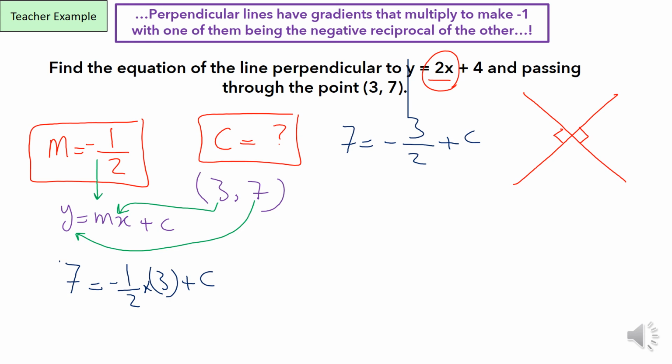Now we want to get rid of minus 3 over 2, so we have to do the opposite, which is add. So you add 3 over 2 on this side, and you add 3 over 2 on that side. On this side, they will cancel out each other. So equals stays where it is. On this side, you will have c. On this side, you will have 7 plus 3 over 2, which is 7 plus 1.5, so it's going to be 8.5.